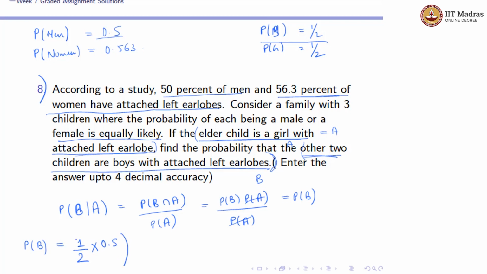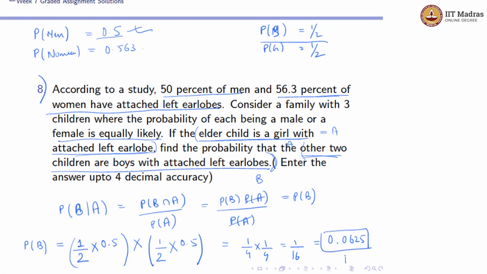The third child will be a male with probability 1 by 2, and the boy will have attached left earlobes with probability 0.5. So this is nothing but 1 by 4 into 1 by 4, that is 1 by 16, that is 0.0625. So this is the correct answer.